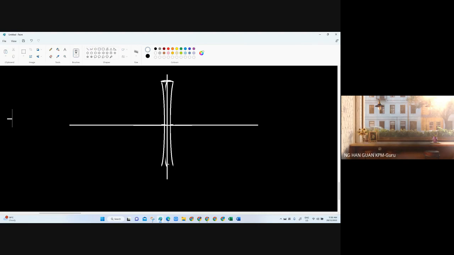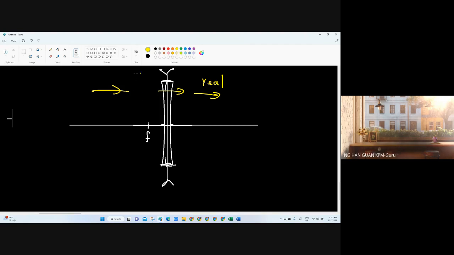Alright, so here is a concave lens, right? Sometimes we use a symbol like this. Same as just now, we need the F. Here we're using the virtual F, remember, virtual F. On the object side, because the light comes from the right and penetrates through, this side will be the real.